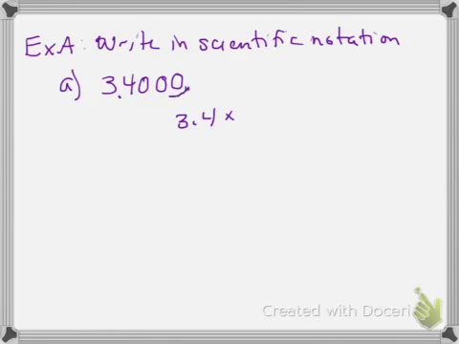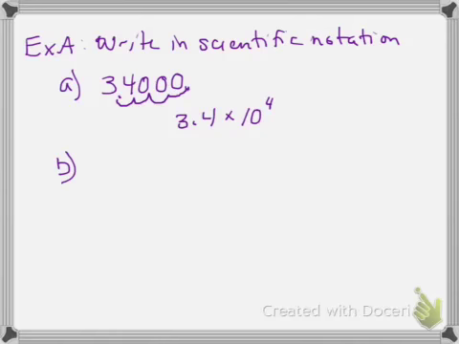So we're going to go over 1, 2, 3, 4 spots. And because 34,000 is a big number, right? The power needs to be positive because, from what you guys learned, the positive power stays on top of the fraction. So it's 3.4 times 10 to the 4th power.